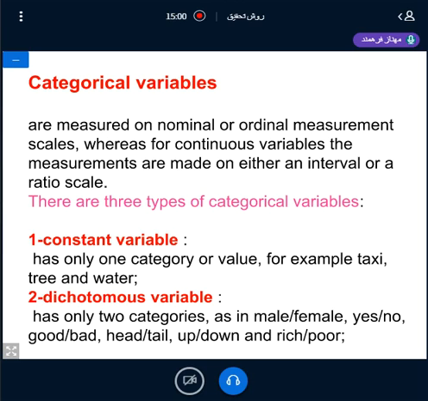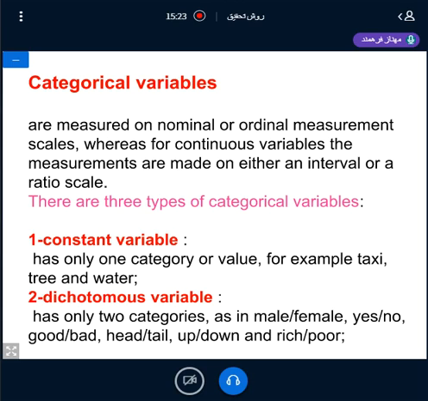Number 1, constant variables: only one category or value. For example, taxi, tree, and water. So they have only one category or value.